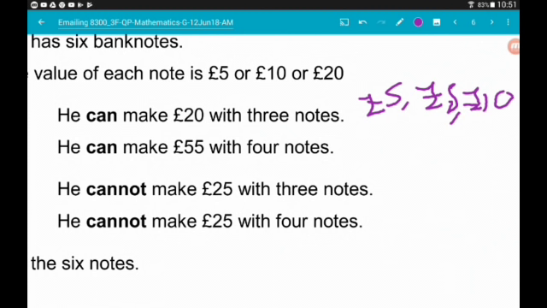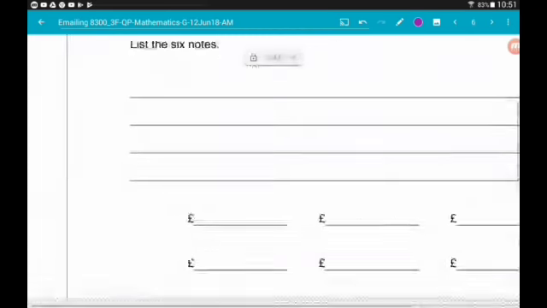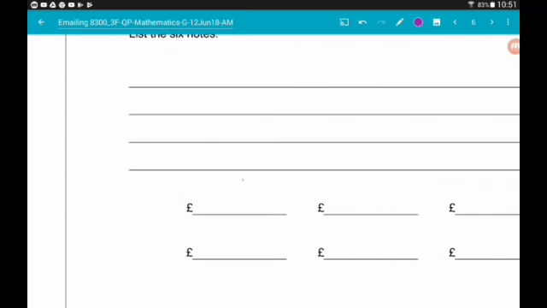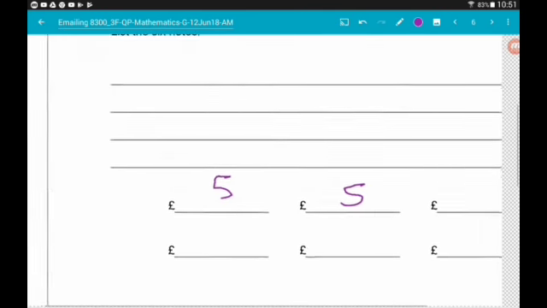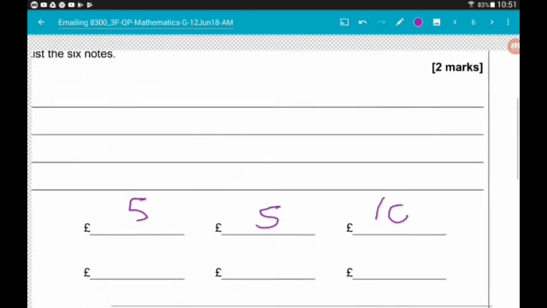That is the only way that we can make £20 using 3 notes. So straight away, we know 3 of his notes. So we know he's got £5, £5, and a £10.